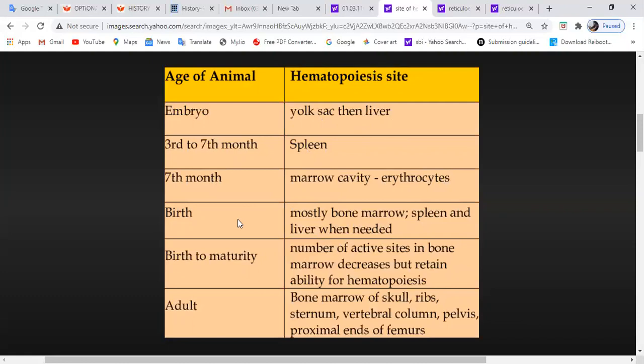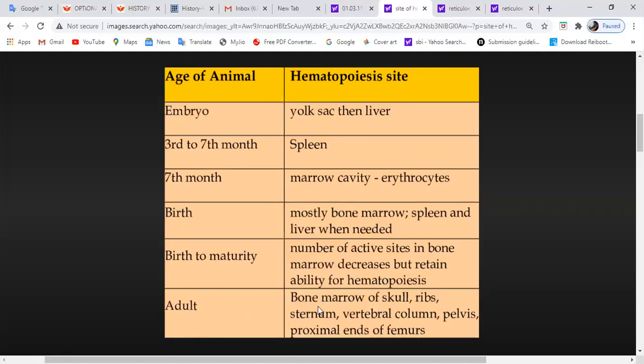Then at the time of birth, mostly the bone marrow is responsible for producing these, but not only bone marrow, the spleen and liver are also needed when a baby is born. From birth to maturity, the number of active sites in the bone marrow decreases but retains the ability for hematopoiesis. So generally the bone marrow size will decrease.